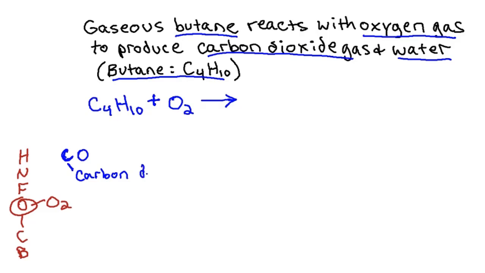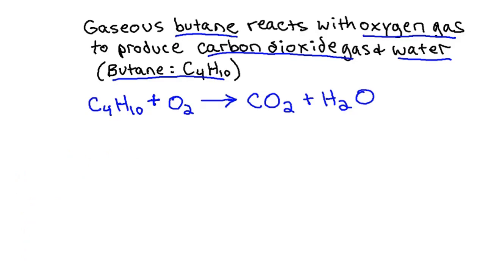And then dioxide, that means there's 2 oxygens to go into this. So it's going to be CO2 because of this prefix di. And the "ide" means it's part of an ionic compound with carbon. So carbon dioxide, the di is going to give you a clue that there's going to be 2 oxygens. So carbon dioxide gas plus water, and we know water is H2O.